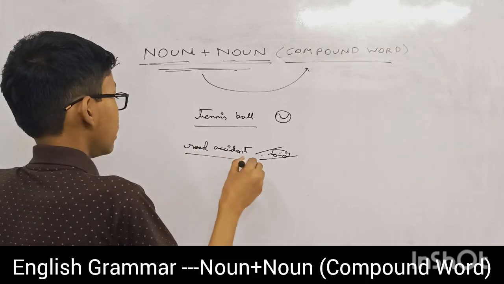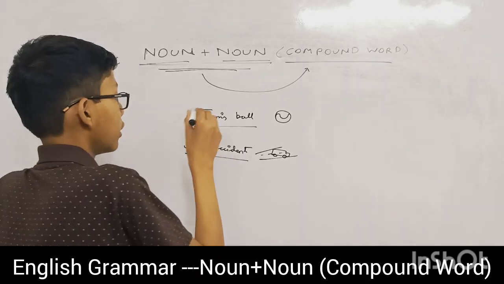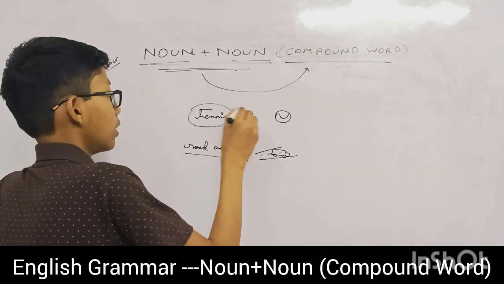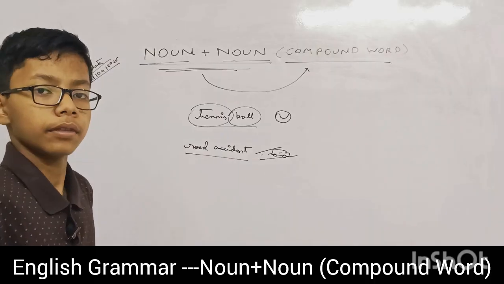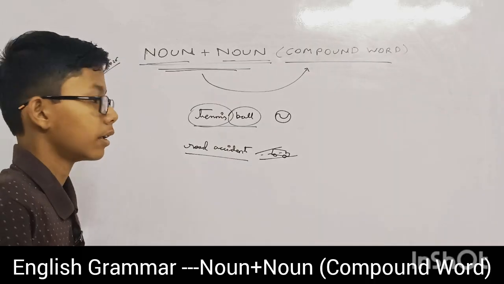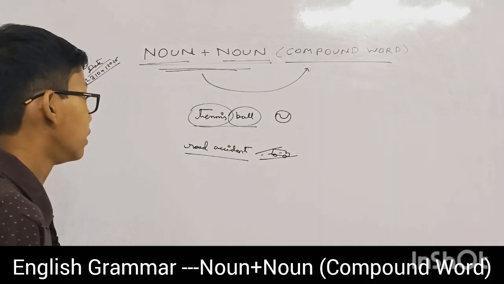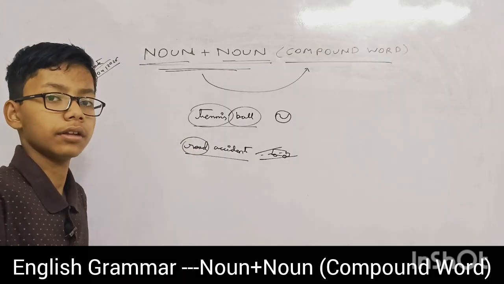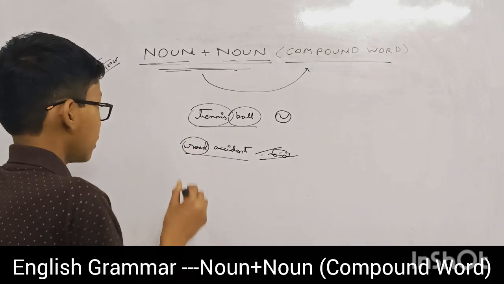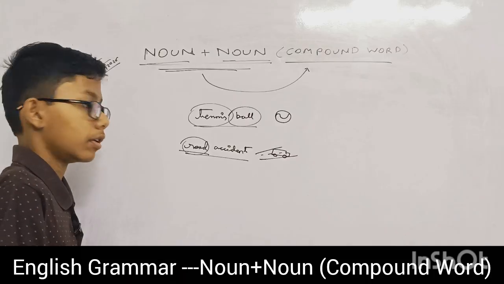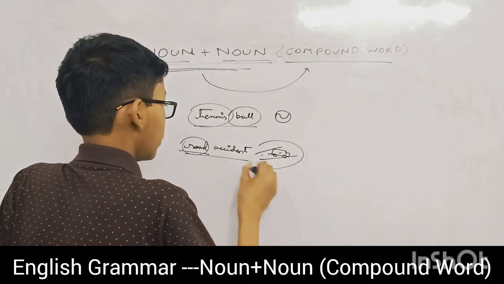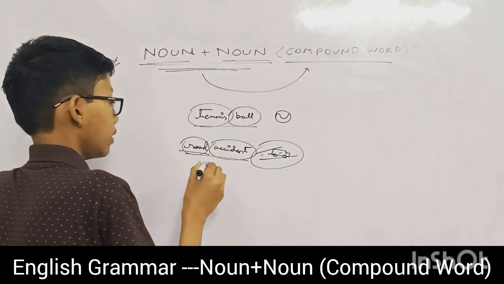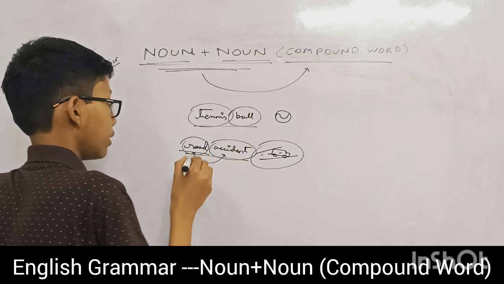Tennis ball combines tennis, the sport, and ball, a spherical object, and road and accident combine into road accident.